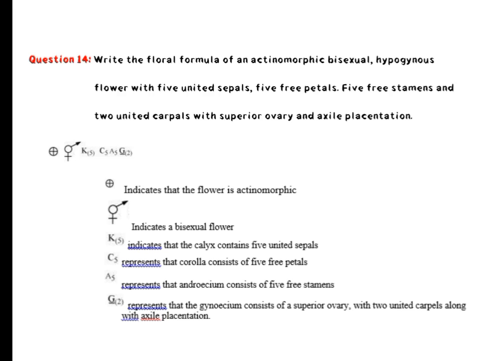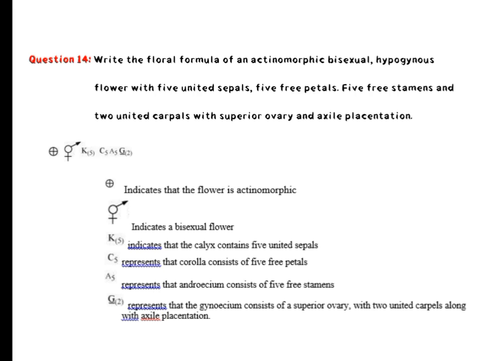I already gave you the solution, but before seeing it you should try to write it on your own. The floral formula: actinomorphic, bisexual, 5 united sepals, 5 free petals, 5 free stamens, gynoecium bicarpellary, that is 2 carpels, superior ovary with axial placentation.